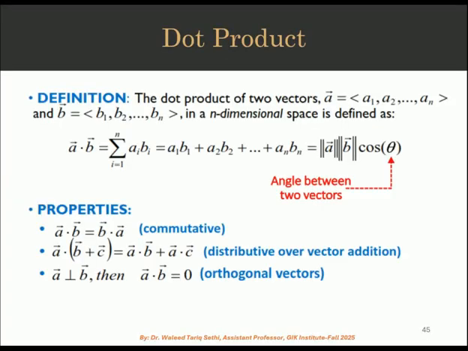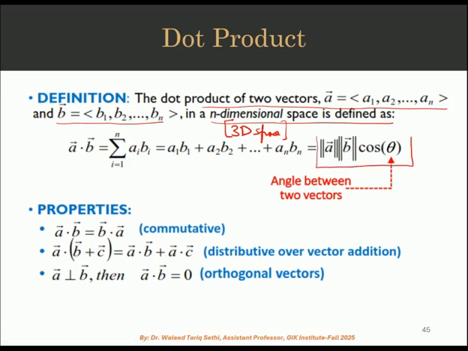If we look at the official definition, the dot product between two vectors, vector A and vector B, can be in n-dimensional space, but we are just restricting ourselves to 3D space in this course of EMT. Mathematically it is the modulus of the first vector times the modulus of the second vector and the cos of the angle between the two vectors. One of the properties associated with dot product is that it is commutative: if you multiply two vectors in one orientation, the result will be the same if you change the orientation of the vectors.